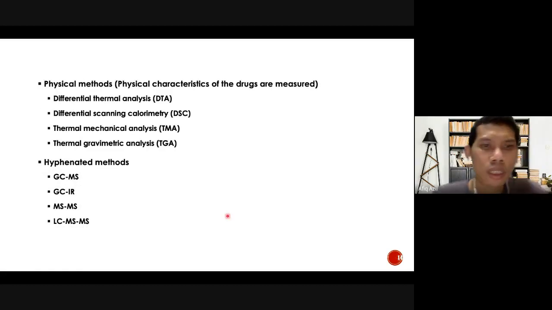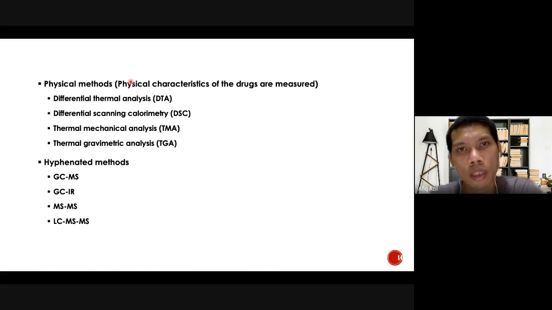Then the last is the physical methods, where you are actually measuring the physical properties of that particular sample. You have DTA and DSC, differential scanning calorimetry, which are normally done to determine the exact melting point.